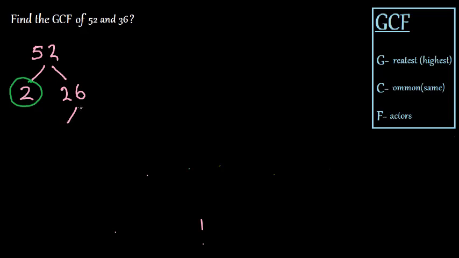If we divide 26 by 2 again, we get an answer of 13. We see that 2 is a prime number, and 13 is also a prime number, so that means we're done. When we don't have any more numbers to divide and we end up with prime numbers, that means we're done. This is called using a prime tree.